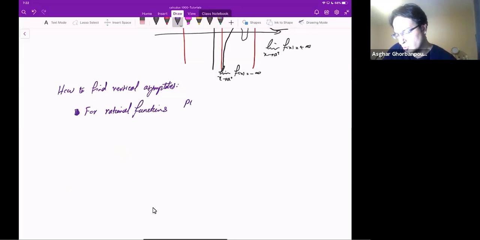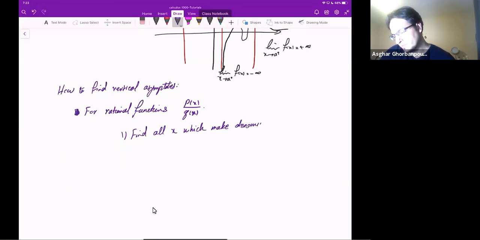When you have a polynomial over a polynomial, you have to first come up with the numbers a, the numbers you want to check the limit for. So the first step is to find all x's which make the denominator 0. In other words, just solve q(x) equal to 0. Then you will get a list of numbers.